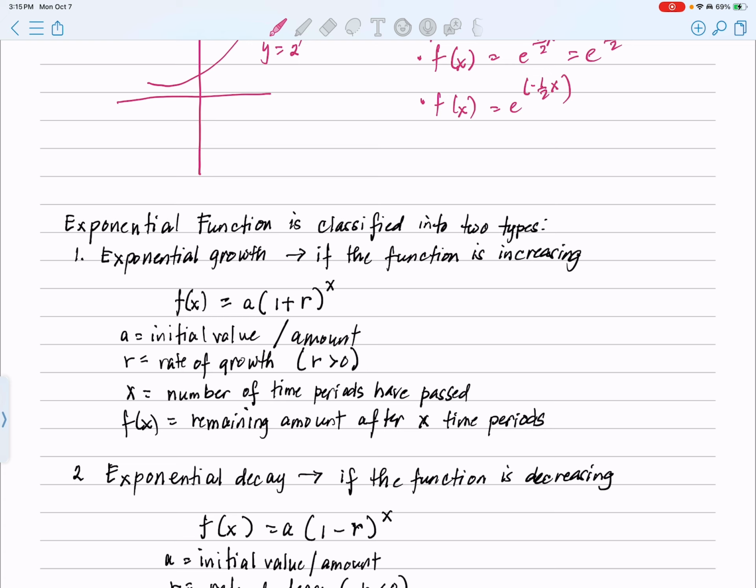It increases slowly and then rapidly it increases. Right? As we can try to imagine a graph going that way. All right? An exponential growth function has an increasing graph. So this is what I mean by an increasing graph.